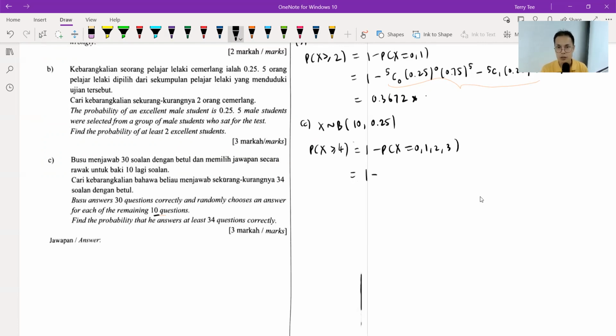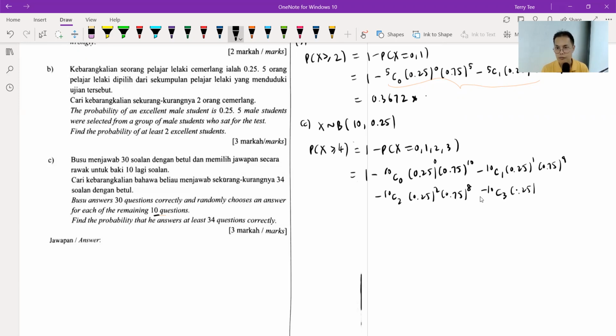In this case, it will be 10 choose 0, p is 0.25, q is 0.75, power 10, minus 10C1, 0.25 power 1, 0.75 power 9, minus 10C2, 0.25 power 2, 0.75 power 8, and then 10C3, 0.25 power 3, 0.75 power 7.